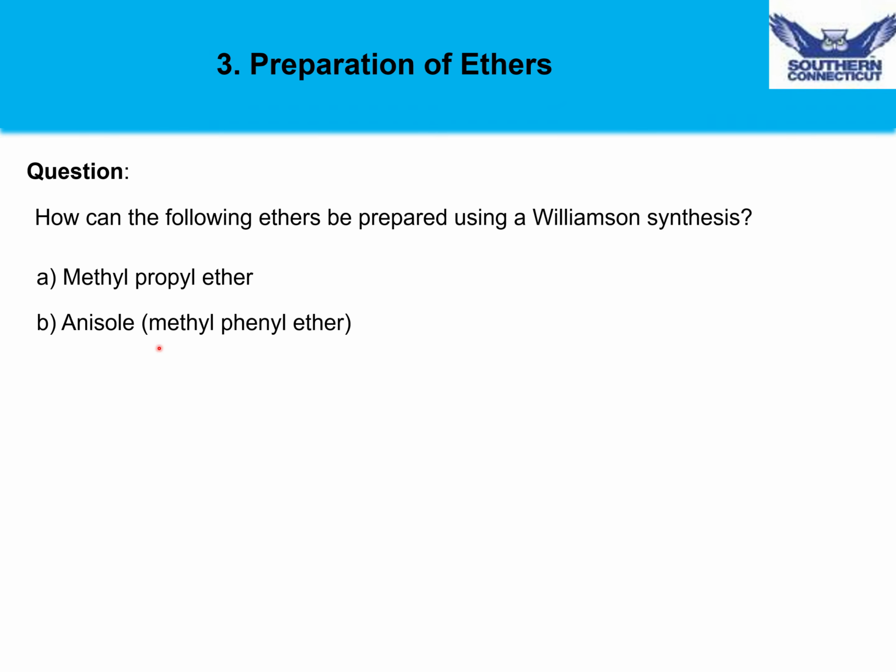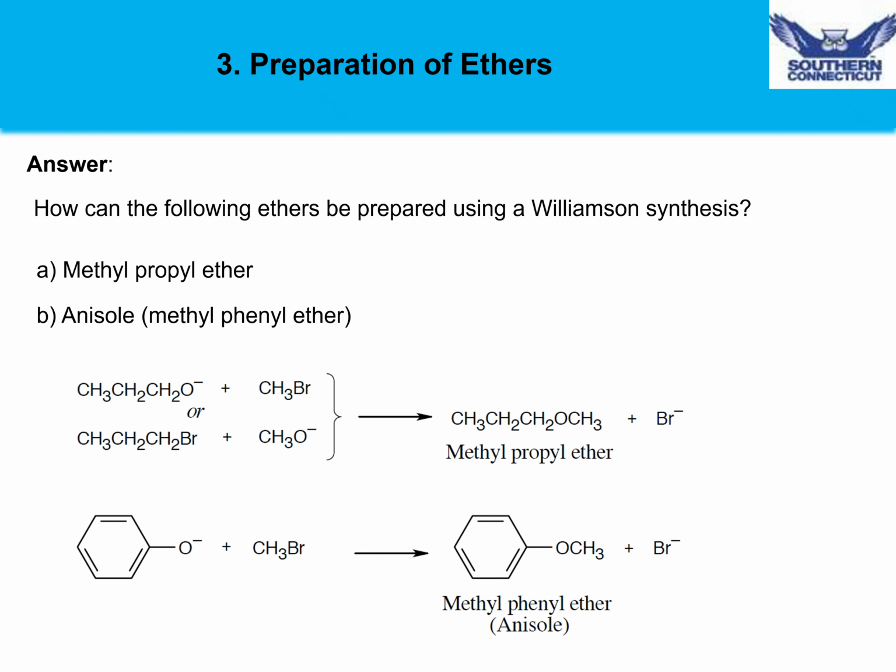In this question, we're going to try to come up with a Williamson synthesis of the following two ethers, methylpropyl ether and anisole. In order to make the following two ethers, we want to think about the Williamson ether synthesis being an SN2 reaction.